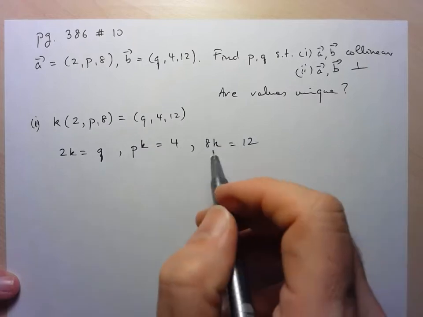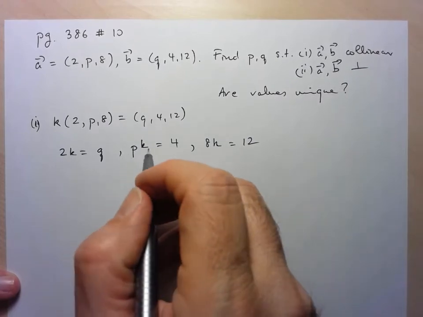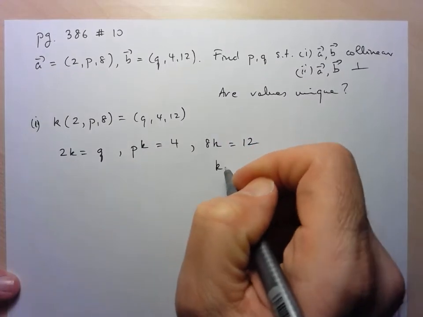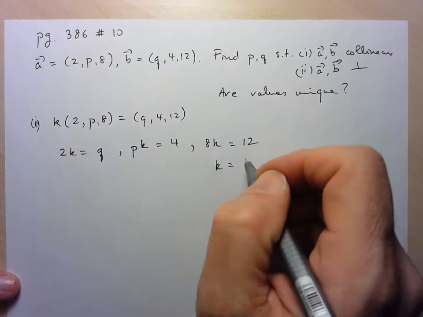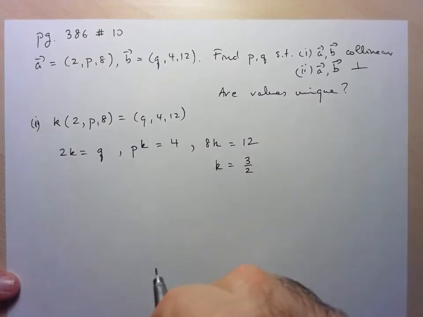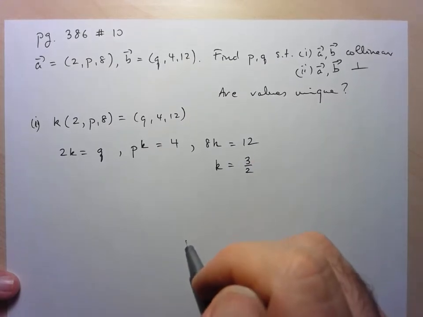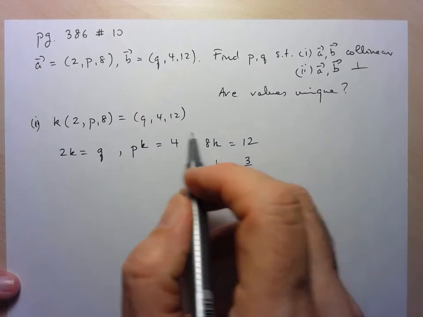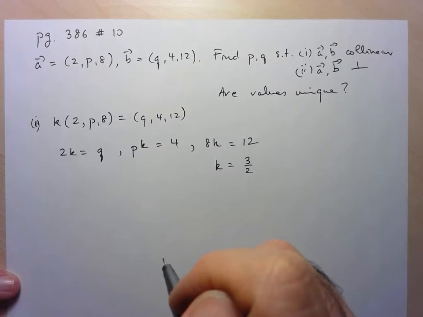Now I notice that for this last one, there's only one possible answer. There are lots of possible answers for the other two equations, but for this one there's only one. k is equal to 12 over 8, which is the same as 3 over 2. So this gives me the idea that there might actually be unique solutions here. If k has to be 3 over 2 in order for the z components to work out, let's replace that in the previous ones.